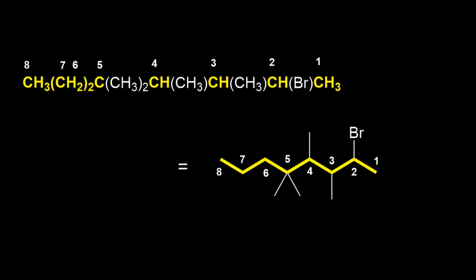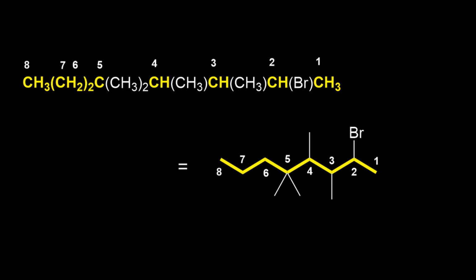Replace the carbon atoms with vertices and endpoints, and draw the main chain as a zigzag line. Then, just add the branches where needed, 2 methyl groups at carbon 5, 1 at carbon 4, 1 at carbon 3, and a bromine atom at carbon 2.